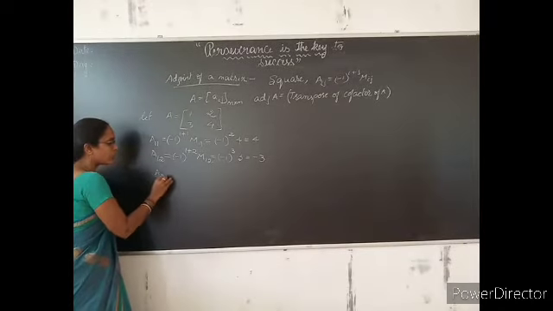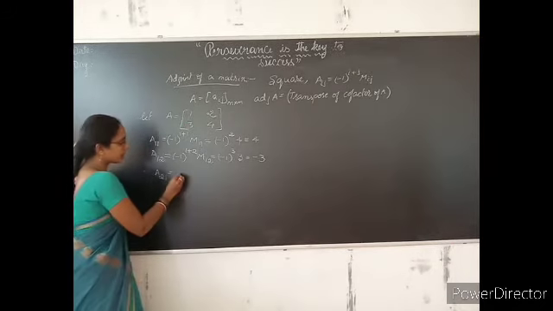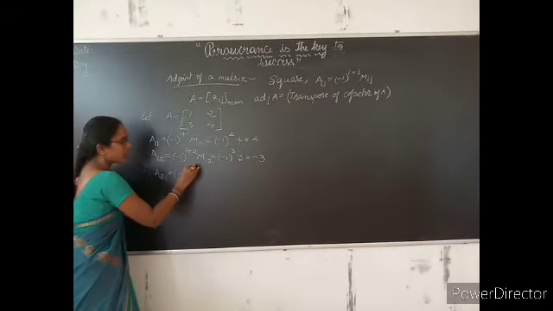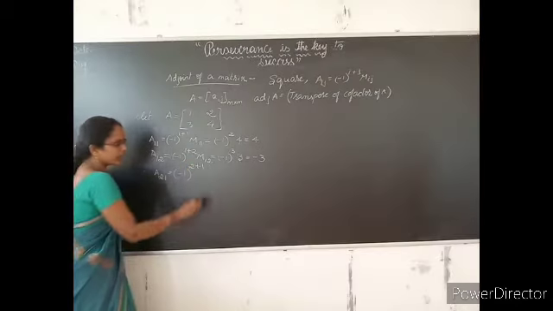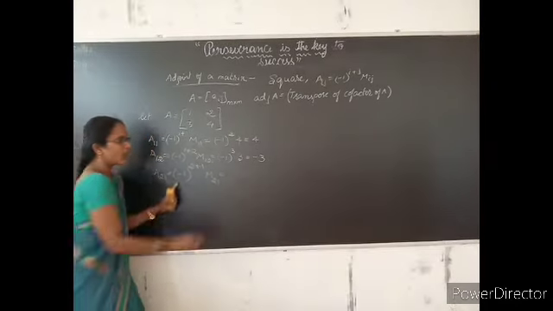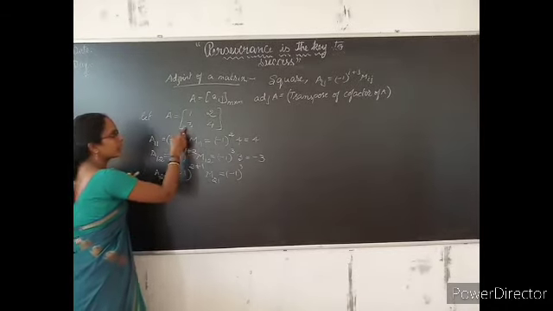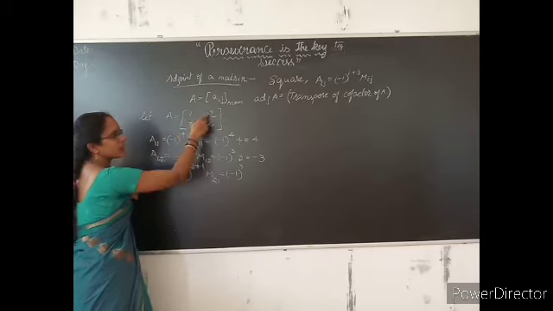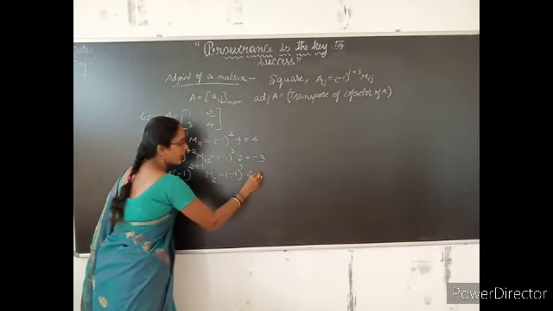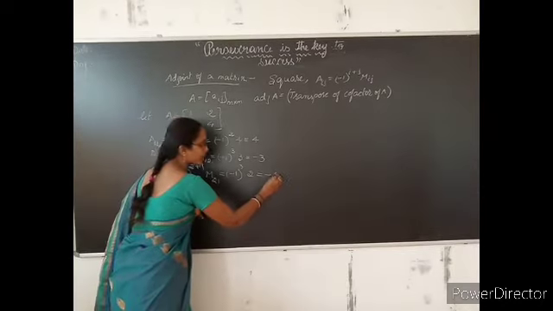Then A21, the cofactor of an element 3. So this is minus 1 to the power 2 plus 1 into M21. So this is equal to minus 1 to the power 3 M21. Delete the second row and first column, you get the element 2. Again minus 1 to the power, any odd number is minus, the value is minus 2.